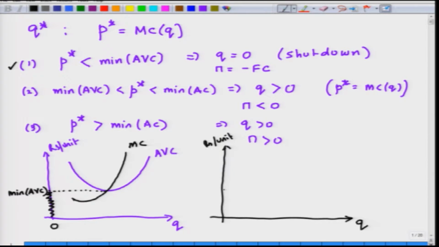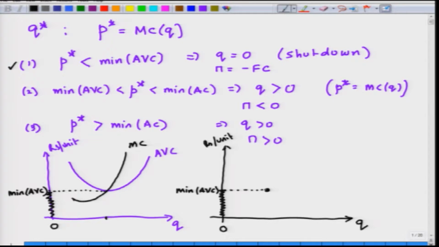Let me just call this point the minimum average variable cost. So, for any price less than the minimum average variable cost, the quantity sold by this firm is going to be 0. At a price equal to the minimum average variable cost, the firm is indifferent between producing and not producing. So, if it does not produce, it is going to sell 0 units. If it produces, it is going to produce whatever this particular quantity is.